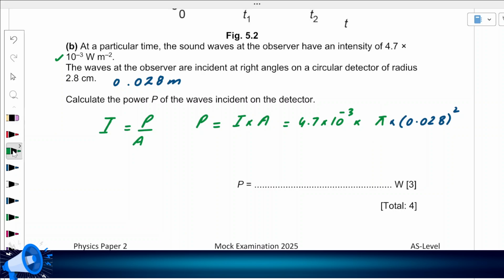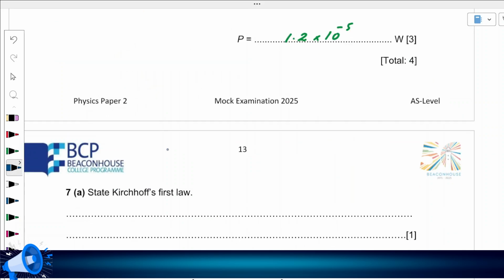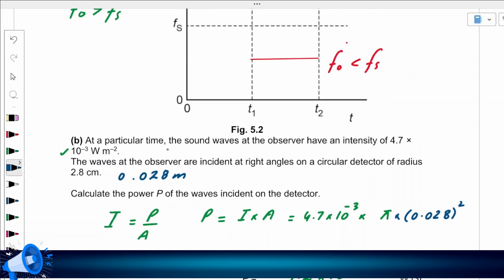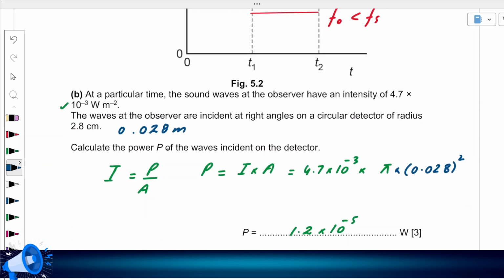Alright, so this is what we have. Simply write this as it is on the calculator and you'll get 1.15 something. In 2 SF we can write it as 1.2 into 10 raised to the power minus 5, with the unit watts. I don't know why this one is 3 marks, probably due to the conversion and having to use the formula of area indirectly.